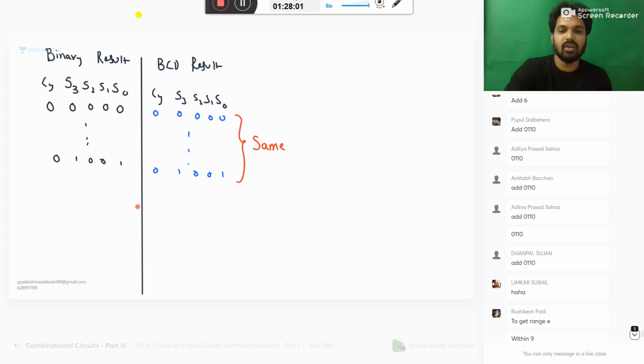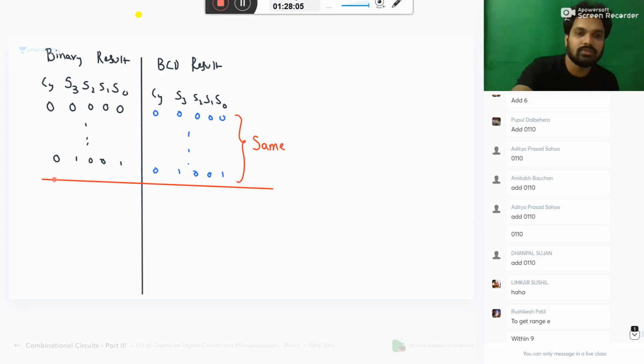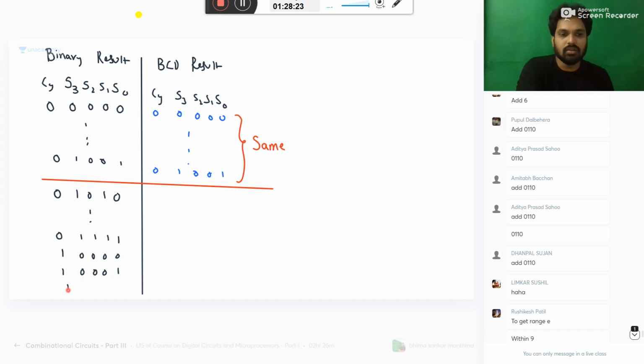When your result is greater than 9, now comes your original point. When result is greater than 9, that is for 10, 11, 12, 13, 14, 15, 16, 17, 18. All these cases, what is the answer?